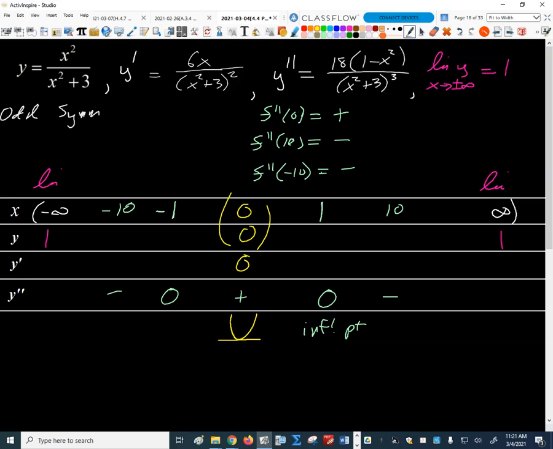I'm going to get 0 divided by 3, which is 0. What if I plug in 1? What do I get? 1/4. So what do I have to get when I plug -1 in? Don't even bother plugging it in. We have odd symmetry. So what's it have to be?